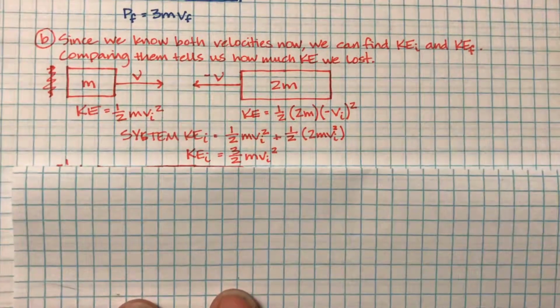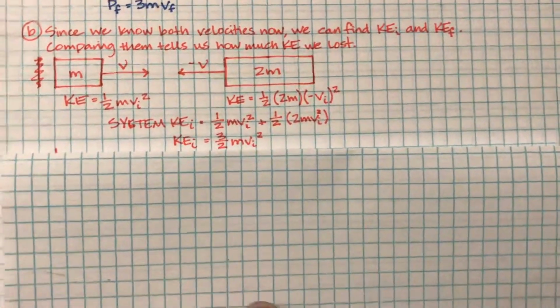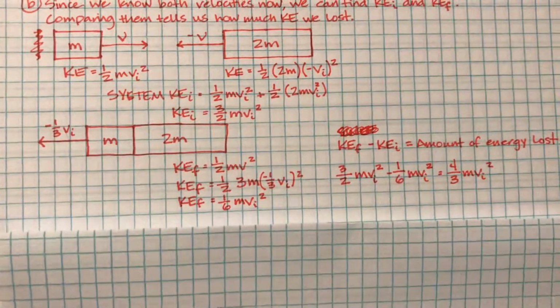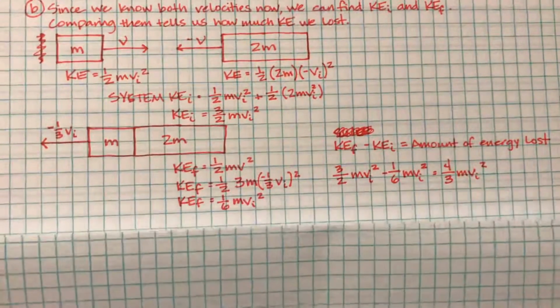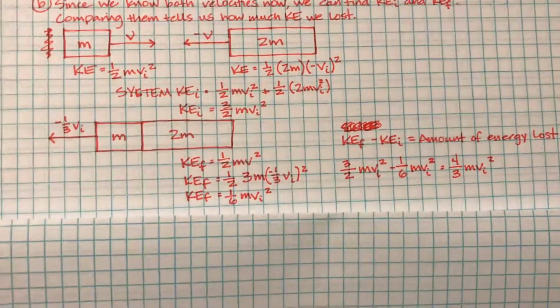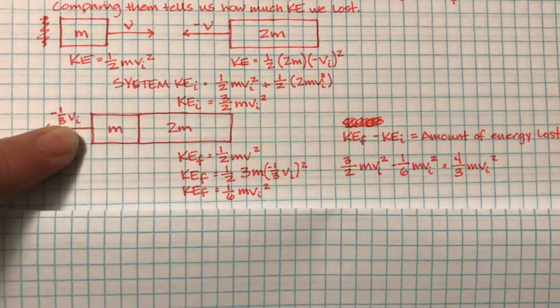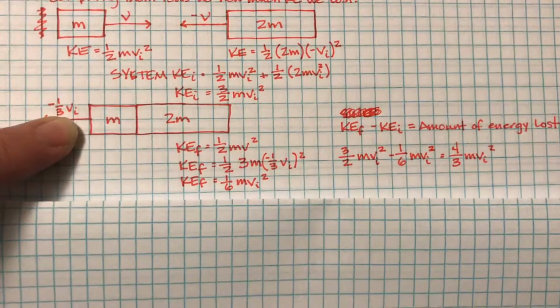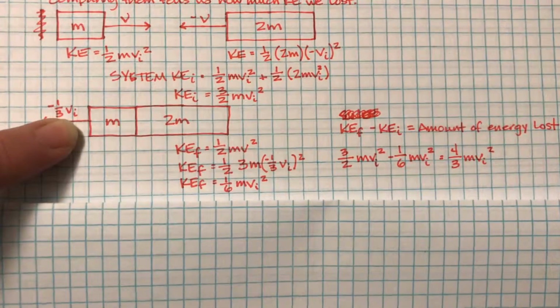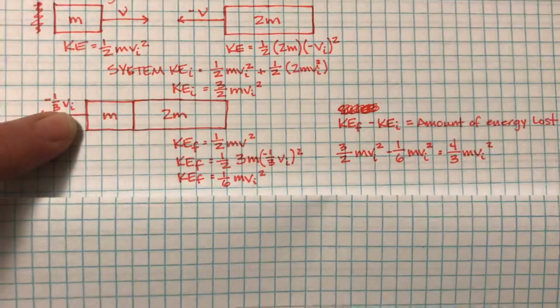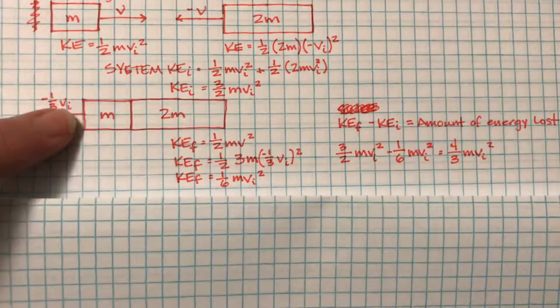Okay, so let's figure out the kinetic energy of the system after the collision. I'll scoot my paper down. Here we go. We're using minus 1/3 v sub I, or initial v, for this quantity because we need to go back to using the same quantities for v so we don't get confused.